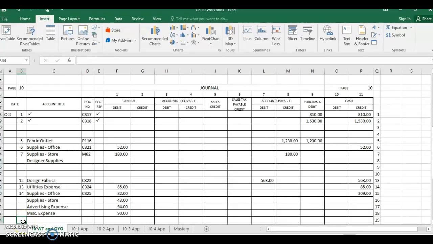Alright. Then on the 15th, we had our two partners, so we'll take a look at the first one. This guy, Stephen Caffaro, withdrew, so it's a drawing account. C326.